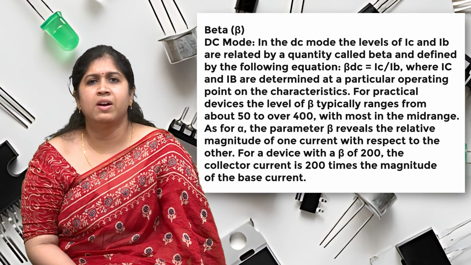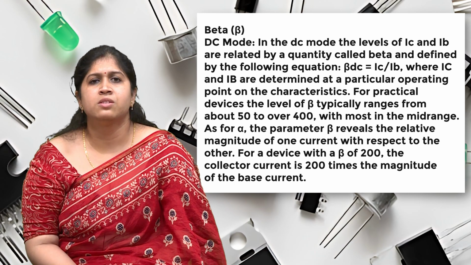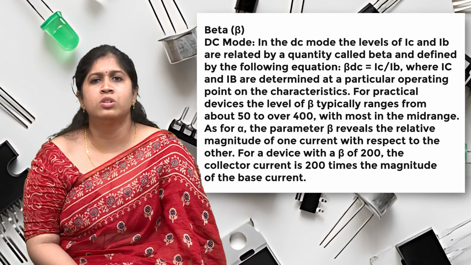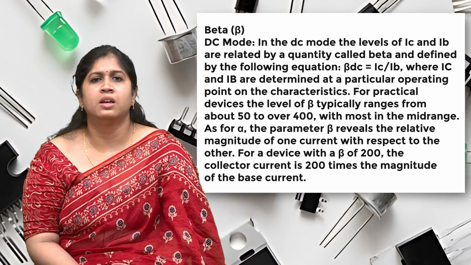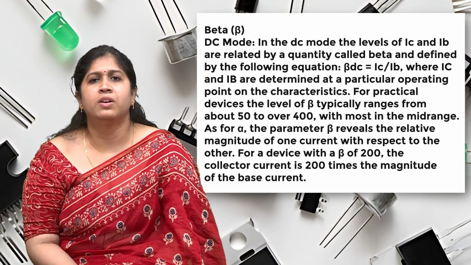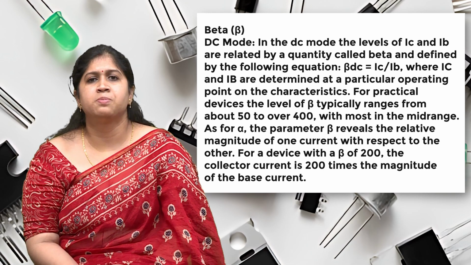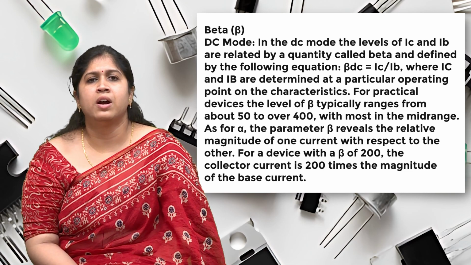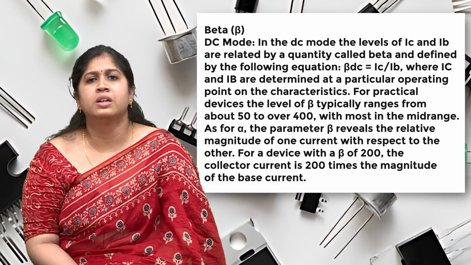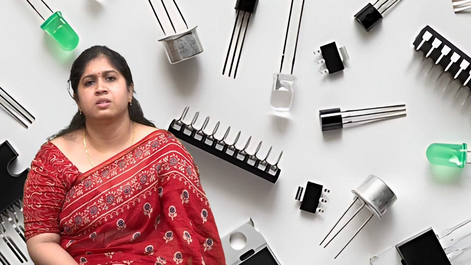For practical devices, the level of beta typically ranges from about 50 to over 400, with most in the mid range. As for alpha, the parameter beta reveals the relative magnitude of one current with respect to the other. For a device with a beta of 200, the collector current is 200 times the magnitude of the base current.